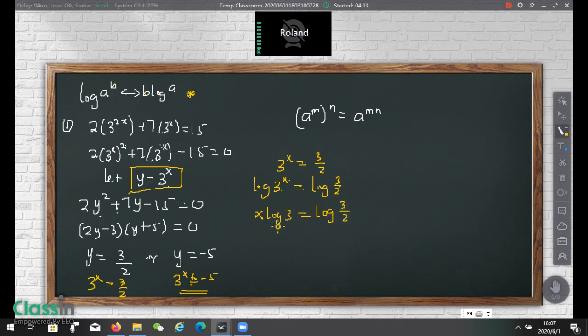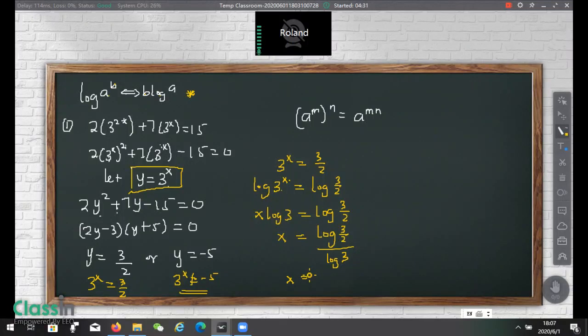We can divide both sides by log of 3. So x will be log of 3 over 2 divided by log of 3. And we can use calculators to find the answer.